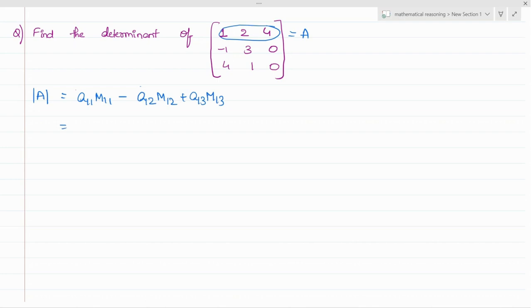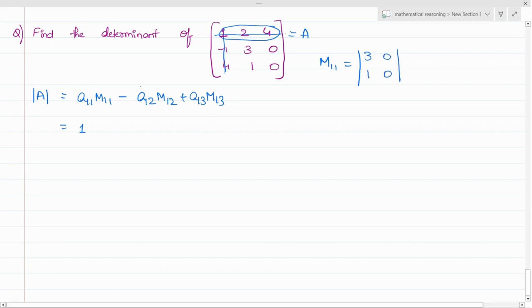So what is A11? It is 1. How to calculate M11? By eliminating its corresponding row and column, right? So what's left? Det of 3, 0, 1, 0. Just do the cross multiplication. We're left over with 0.